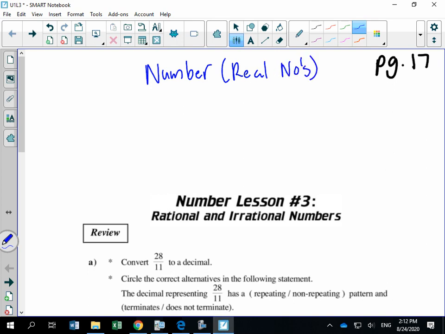And those real numbers are divided into two categories. So all numbers are classified as real numbers, and then from there, numbers are either going to be rational or irrational.